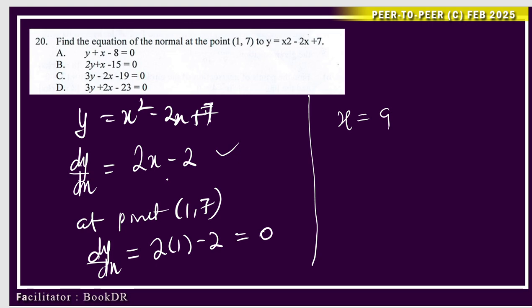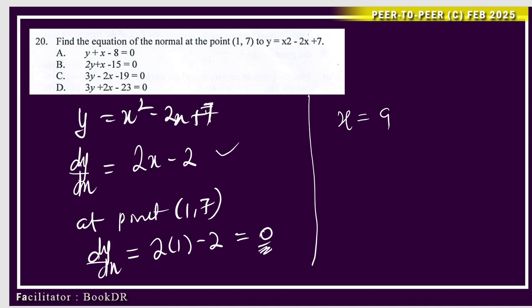Then, since we are looking for the equation of the normal at the point 1, 7, we first have to find the gradient at the point 1, 7 by substituting the x coordinate into the gradient function, and that will yield 0. 0 implies that point 1, 7 is a turning point to the curve.